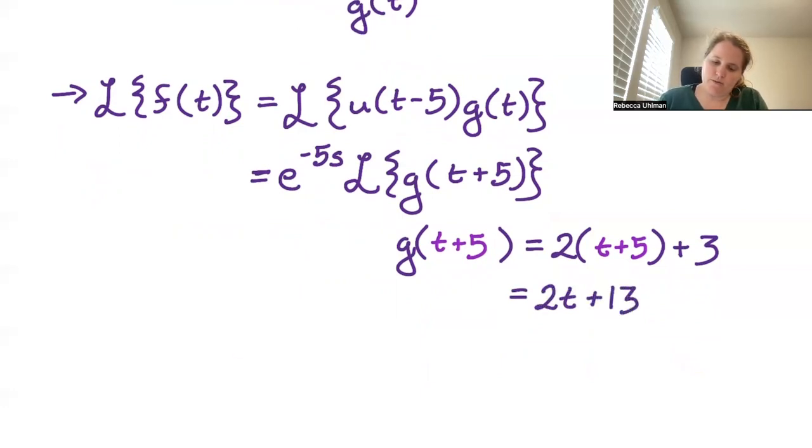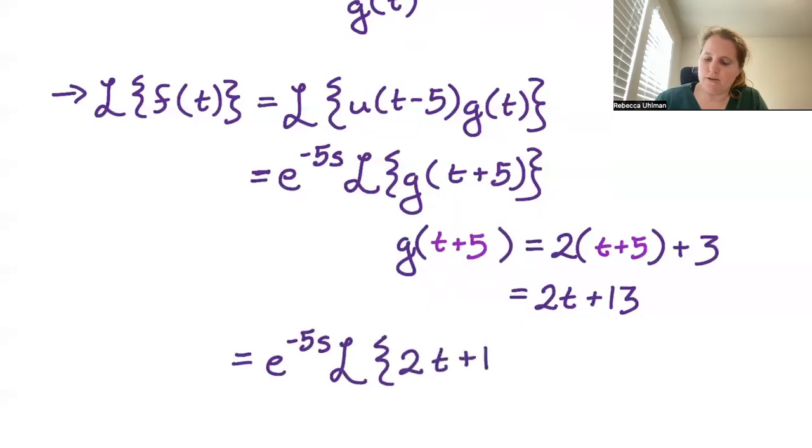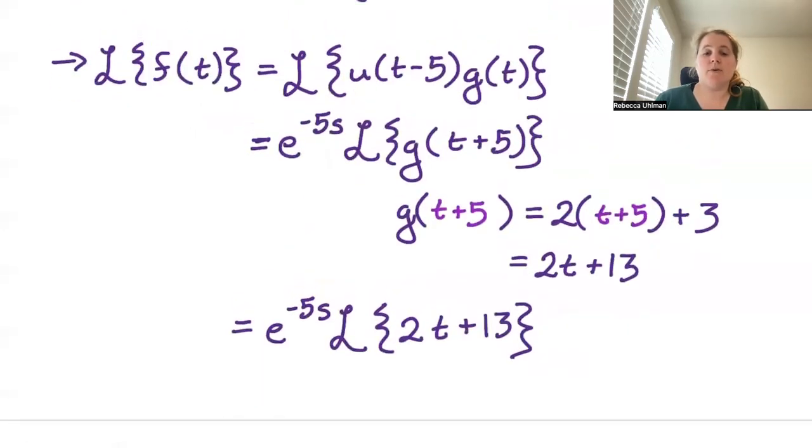So our Laplace transform of f is e to the negative 5s times the Laplace transform of 2t plus 13. At this point, this should be recognizable. I need to give myself a little bit more space to complete it.